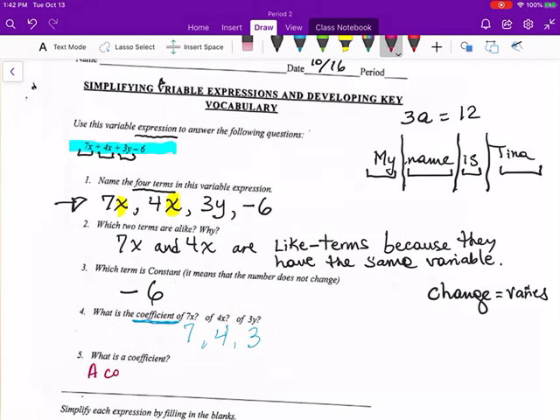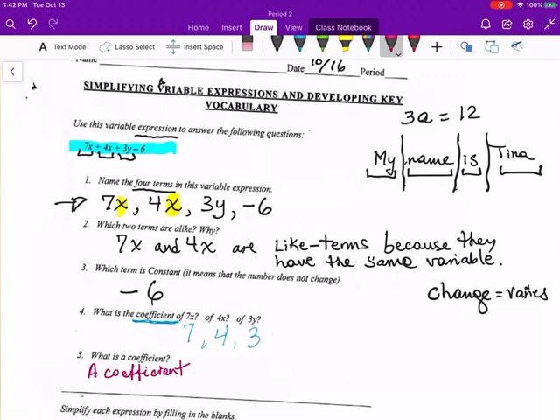A coefficient, okay, I'm going to wait for you to make sure you're writing this in your packet. Write it in your packet, please.